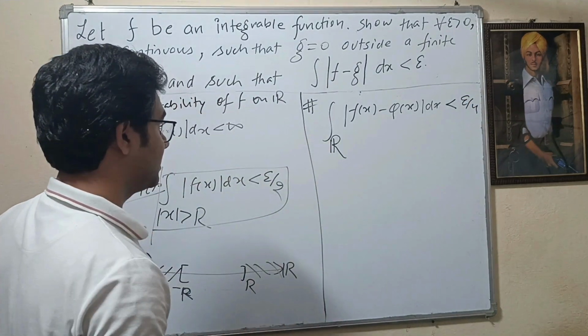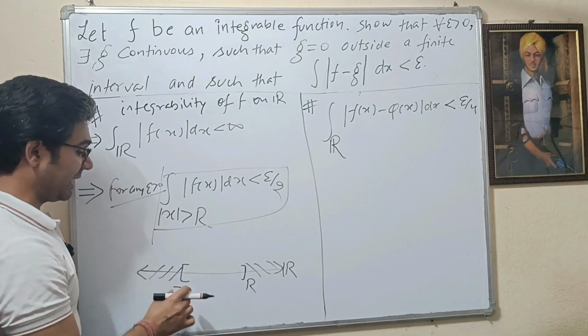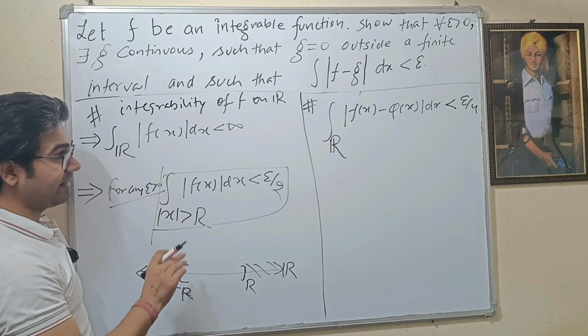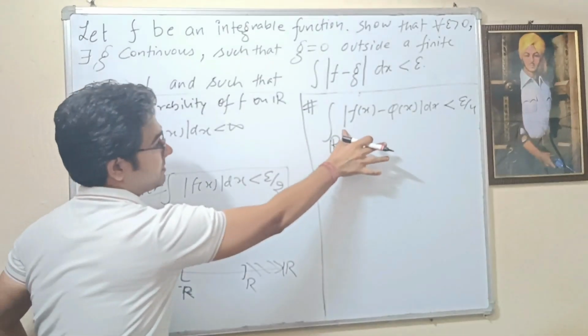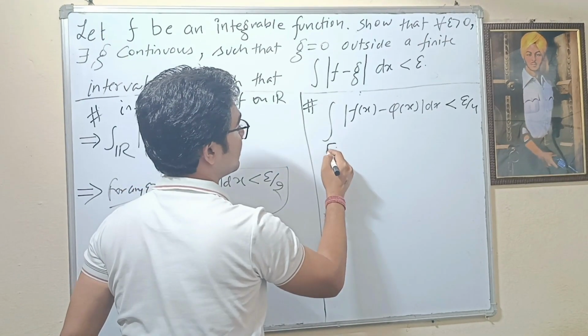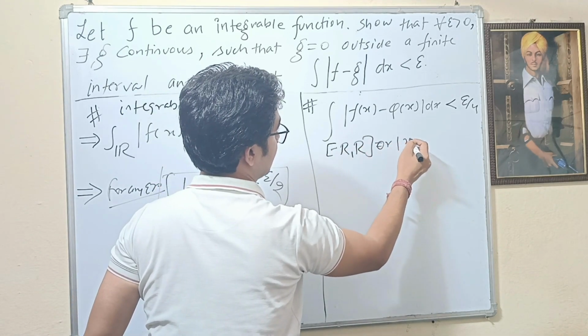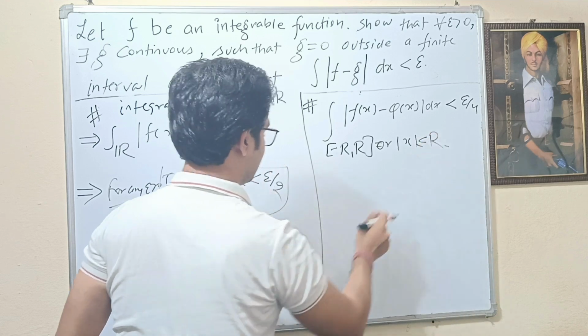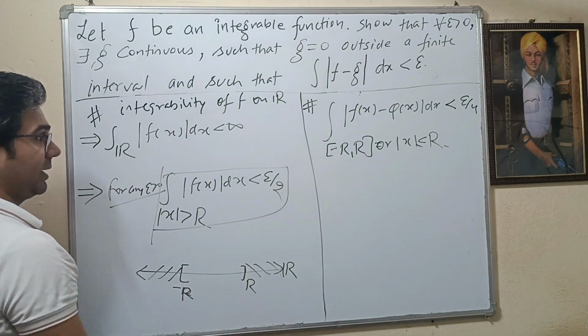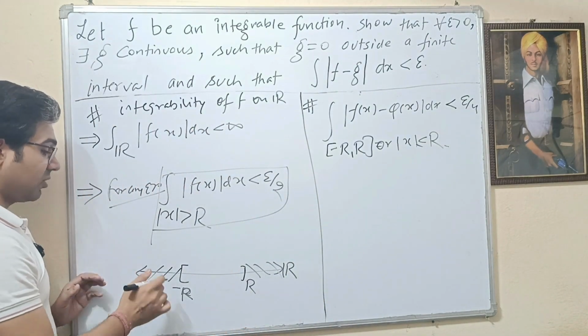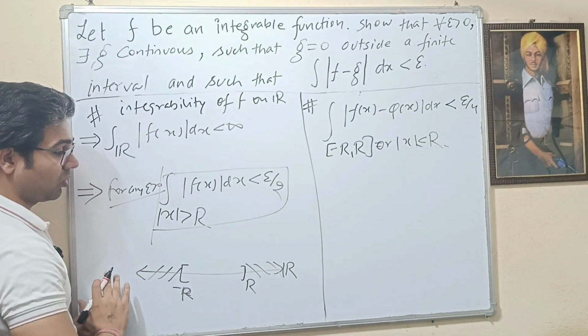Then we have approximation outside minus R to R and inside minus R to R, so we have covered the whole real line.